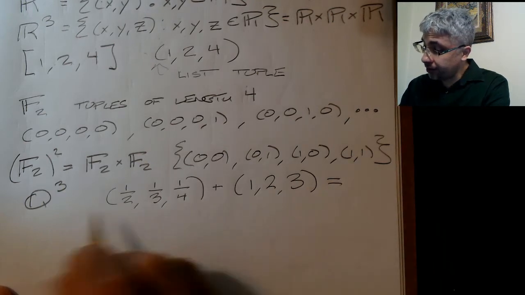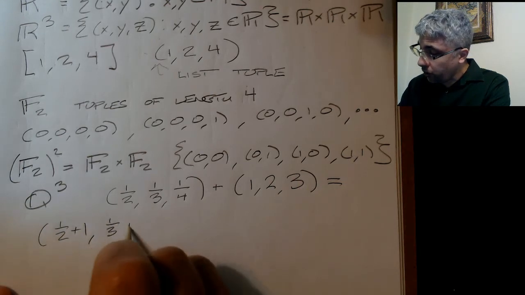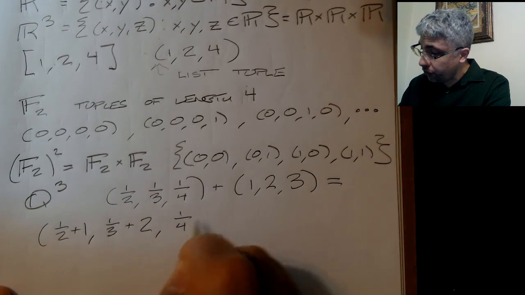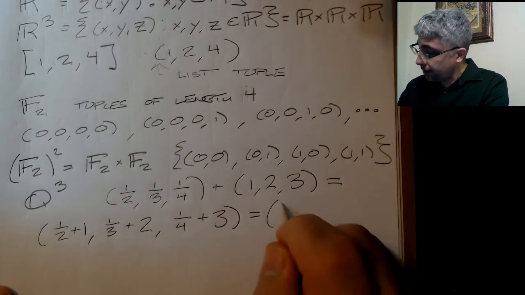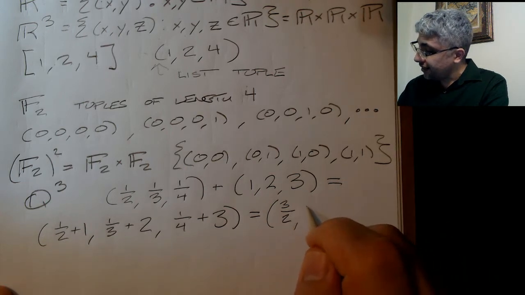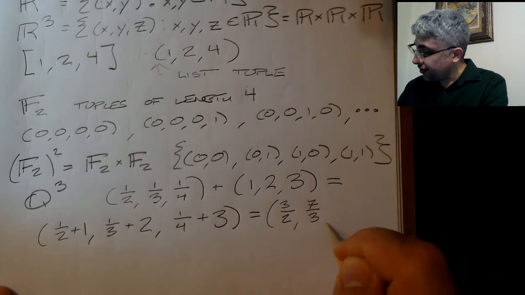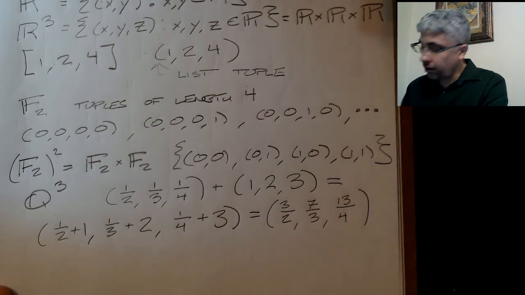So I add whatever is in the first slot. So I'd get 1/2 plus 1, 1/3 plus 2, 1/4 plus 3. So this would give me, of course, this is the hardest part of the lecture, 3/2, and then 7/3, and then 13/4.